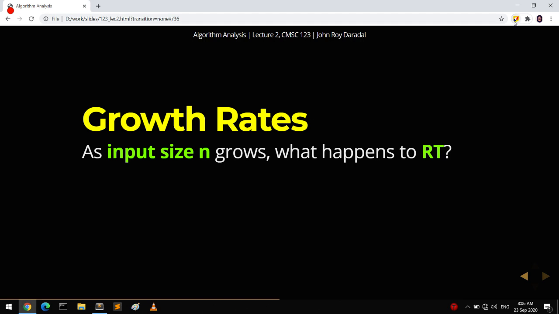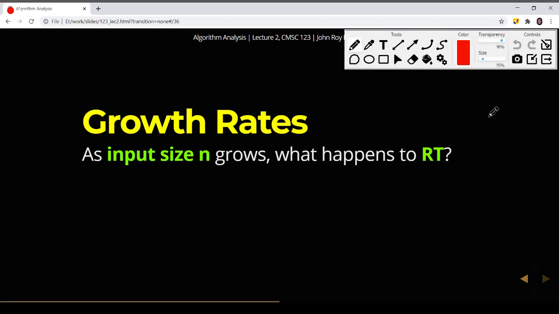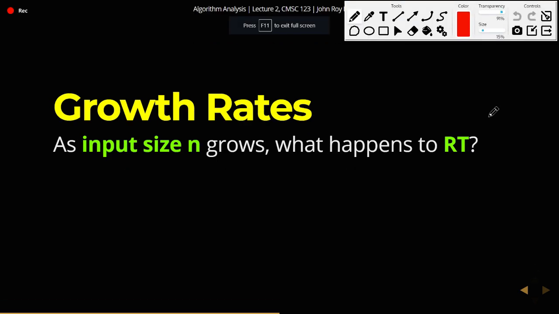So let me graph here. Let's say that this is the input size, and this is the running time.